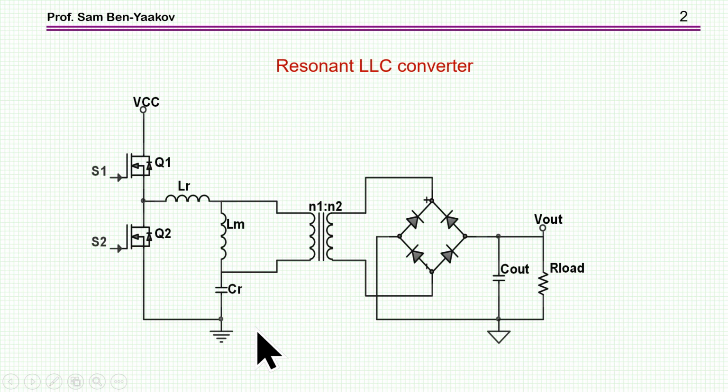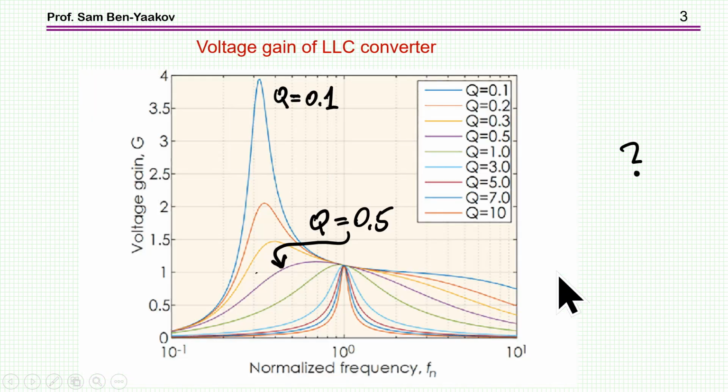In the earlier video, I was concerned with the LLC converter. Here I am showing a half bridge, two inductors, capacitor, rectifier, filter capacitor, and a load. And the point was that it is customary to represent the response of the LLC converters, output over input, this way.